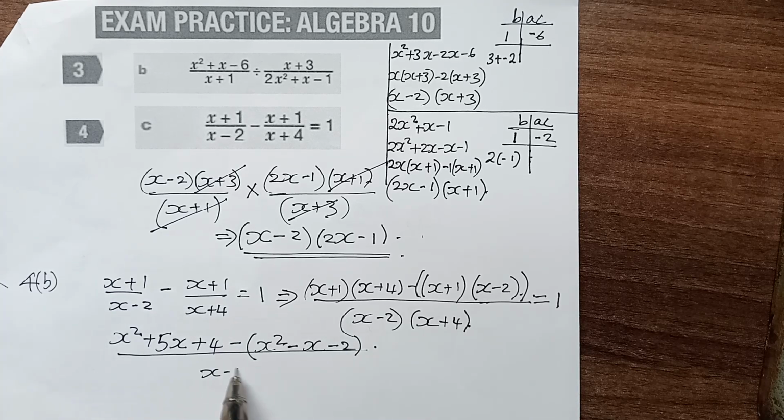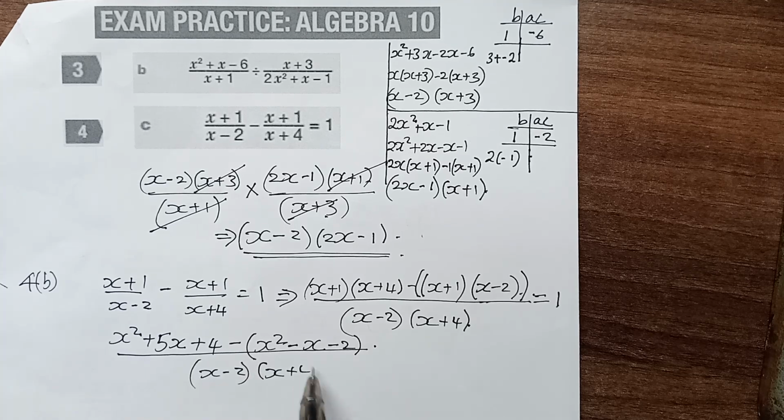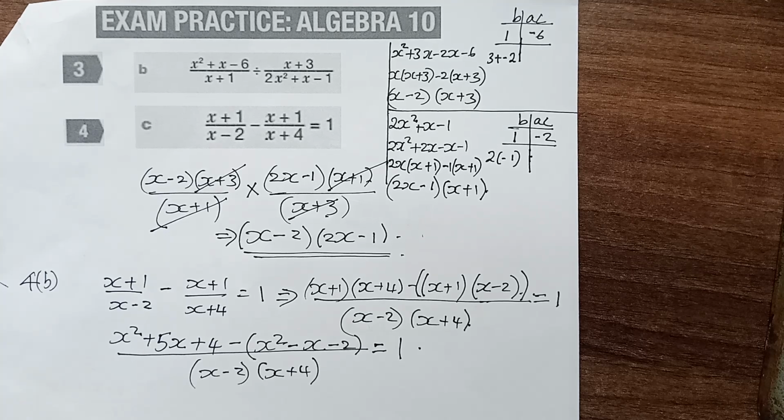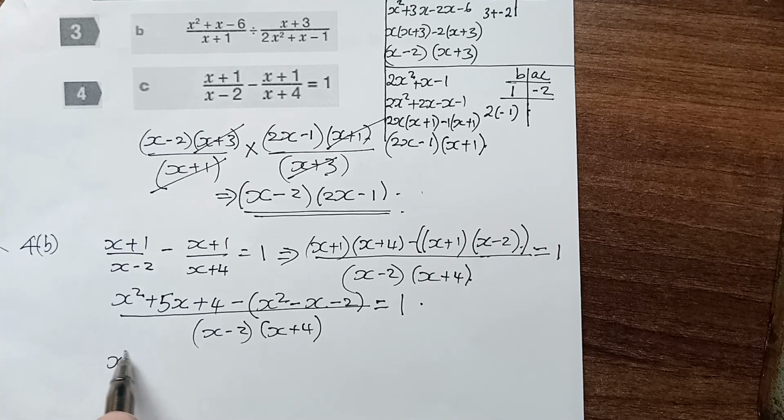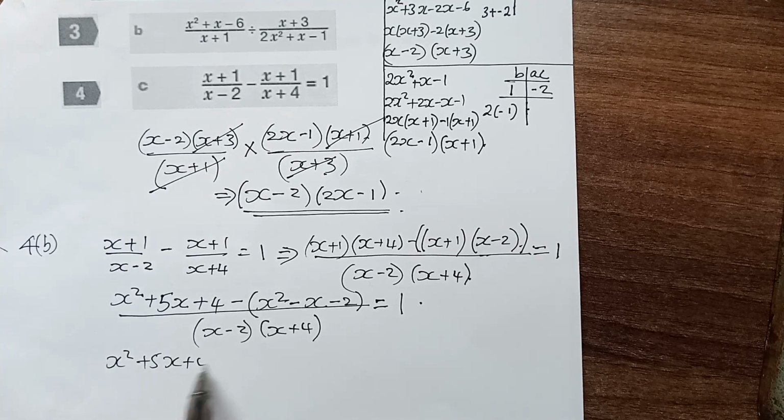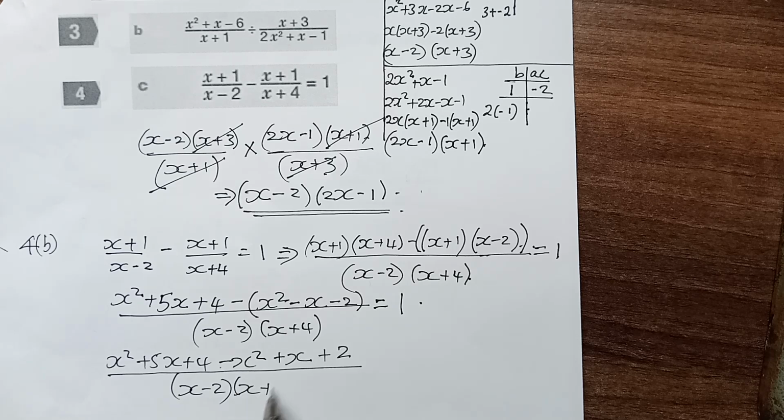Everything over (x - 2)(x + 4), and it still continues to be equal to 1. Now, opening the brackets, we have x squared plus 5x plus 4 minus (x squared plus x plus 2)... plus 2, all over (x - 2)(x + 4), which continues to be equal to 1.